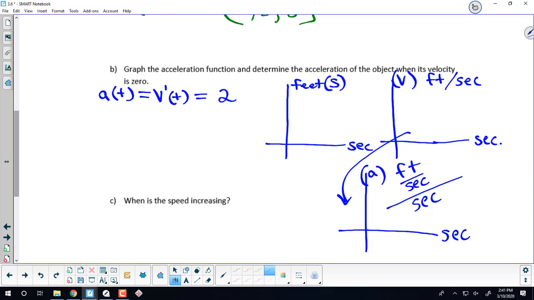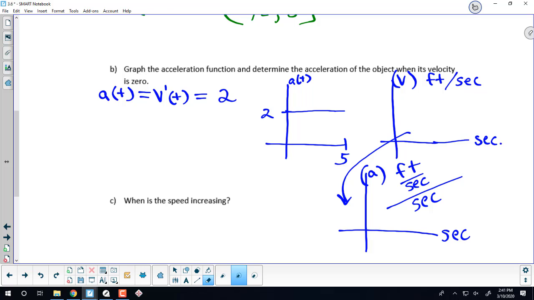Okay, so the acceleration then is constant at 2. I'm going to get rid of this and just graph our acceleration. I'm going to graph A of t from 0 to 5. We'll just stop that here. And it's always at 2. So there's our acceleration function.